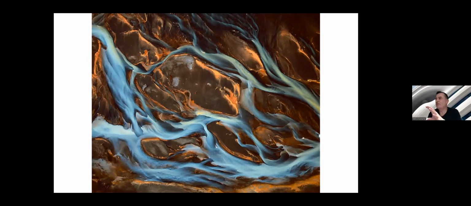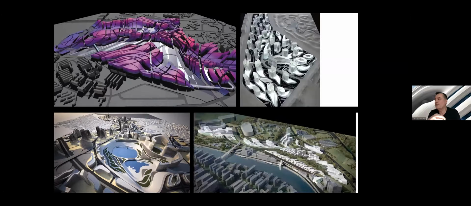So these are the kind of models we look at. We look at landscapes where you don't have harsh distinctions, but gradual transformation, where a forest peters out or a clearing is cut into it, but not dramatically or rapidly, or river formations where it's not just one line, but ramifications with degrees of dynamism and so on. So that became inspirations for an urbanism which I believe has a higher level of intricacy and complexity and also legibility.